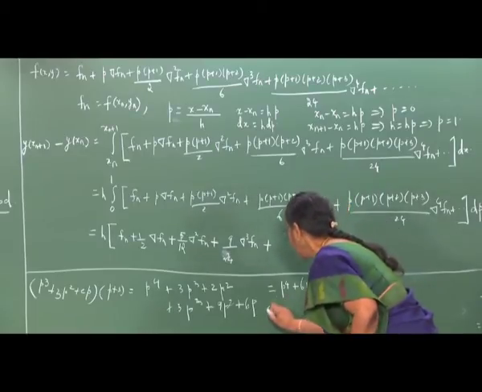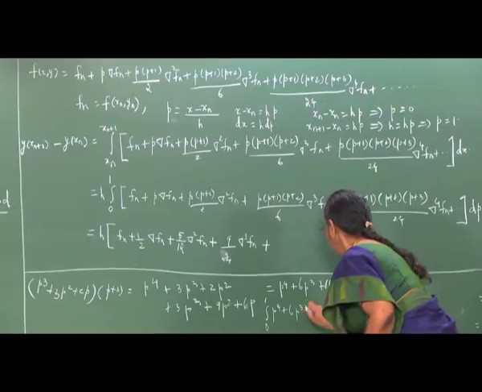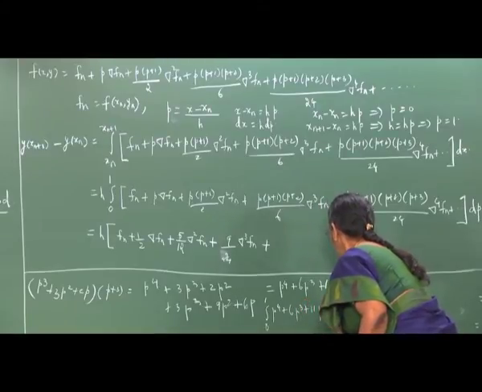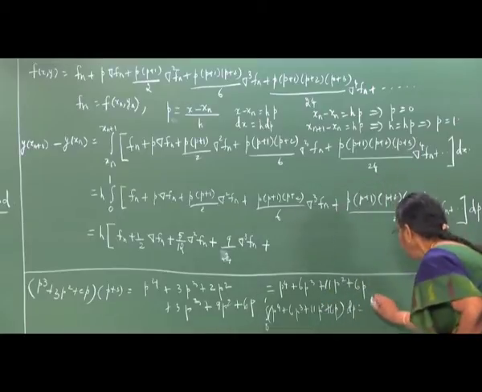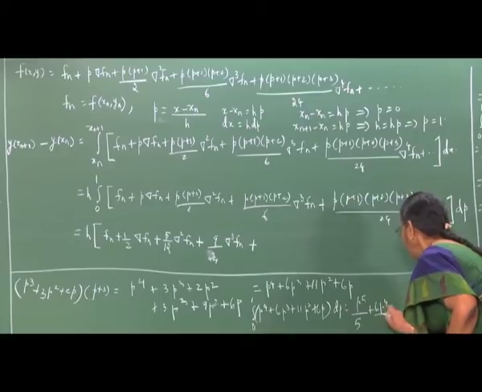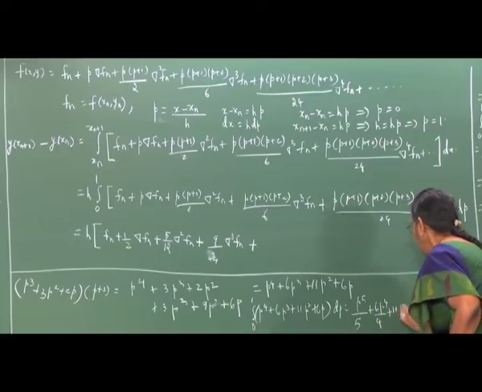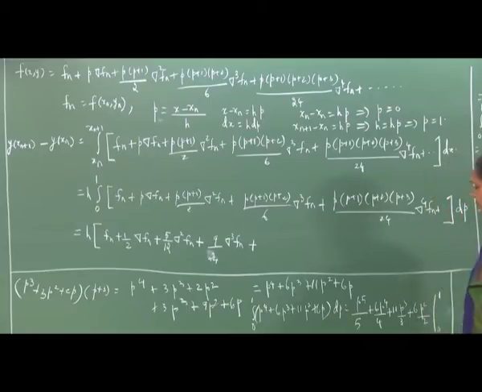Now, I have to integrate this with respect to p, and that gives you p power 5 by 5 plus 6p power 4 by 4 plus 11p cubed by 3 plus 6p square by 2 between 0 and 1.